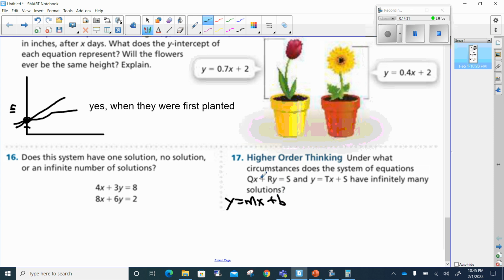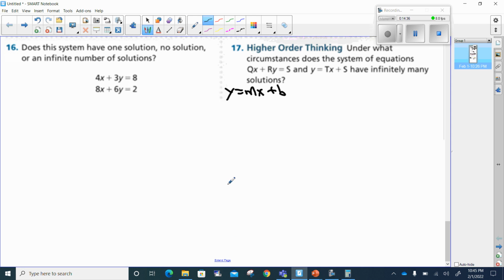So this first one here, I'm just going to write it out. qx plus ry equals s. We want to get y by itself, so we're going to have to subtract qx from this side, which means we have to subtract qx from this side.